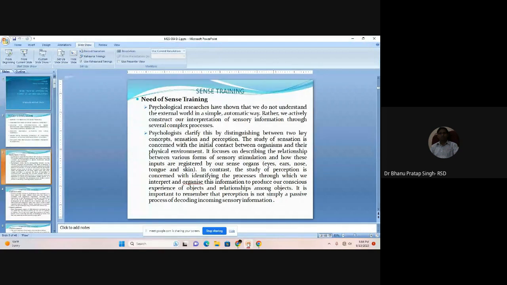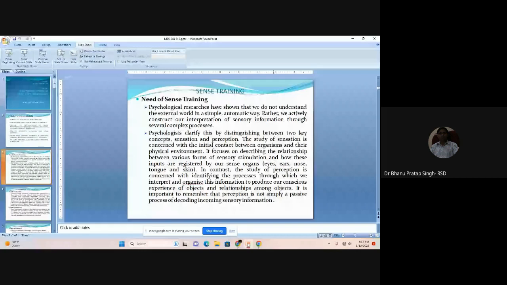Before taking the topic in detail, as teachers we should all be aware that there are five sense organs of the child: their eyes, ears, nose, tongue, and skin. In contrast, the study of perception is concerned with identifying the process through which we interpret and organize this information to produce our conscious experiences of objects and relationships among objects.